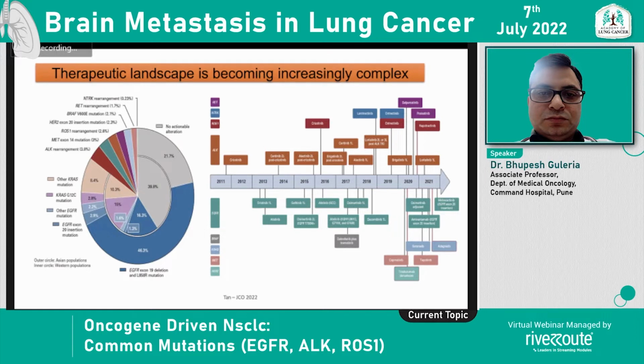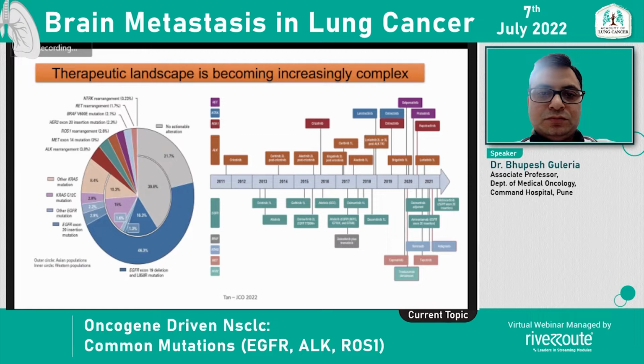As things are getting complex, we see on the left hand side of the slide that the inner circle has a different molecular landscape, and the outer circle, which encompasses the Asian population, has the commonest mutations, that is EGFR exon 19 deletion and L858R mutations, which are the commonest in the Indian population.